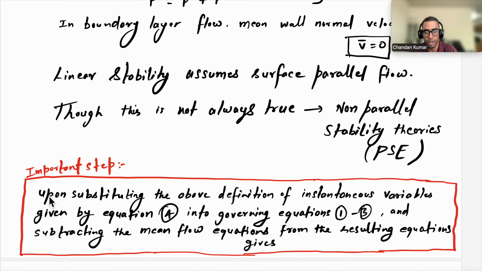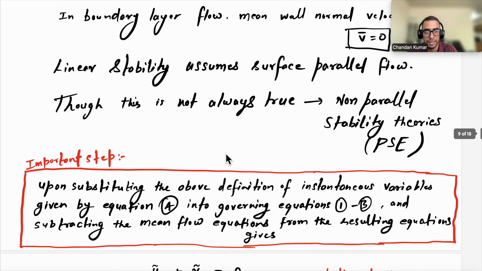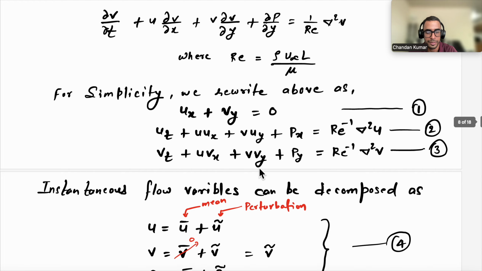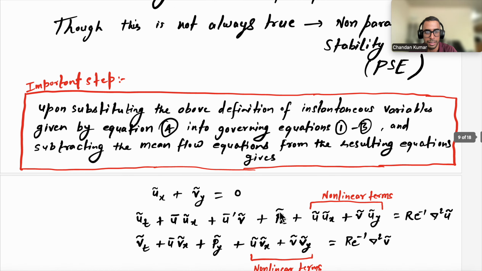So this is the important step over here. Upon substituting the above definition of the instantaneous flow variable given by equation 4, which is over here, into the governing equations 1 to 3, and subtracting the mean flow equation from the resulting equation, we get this particular equation.